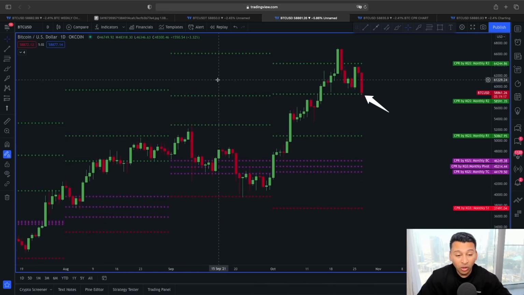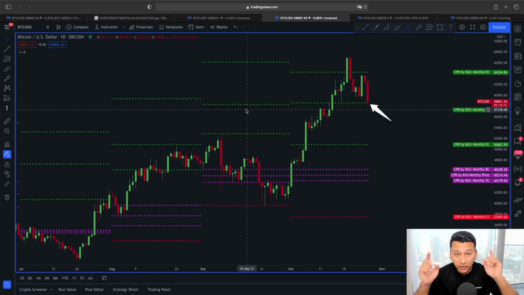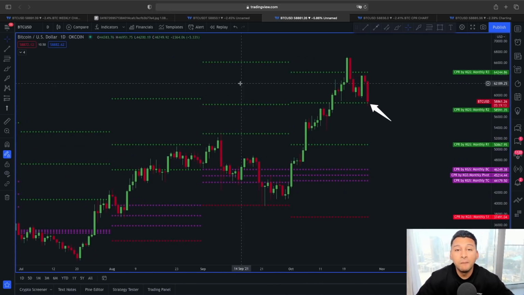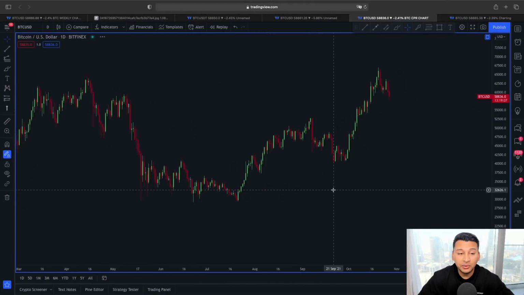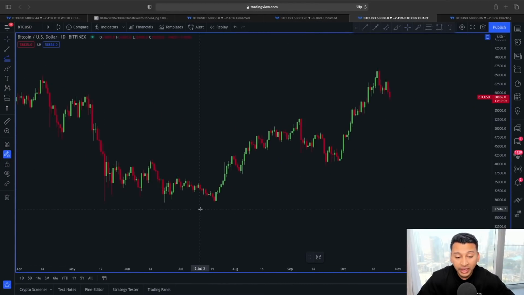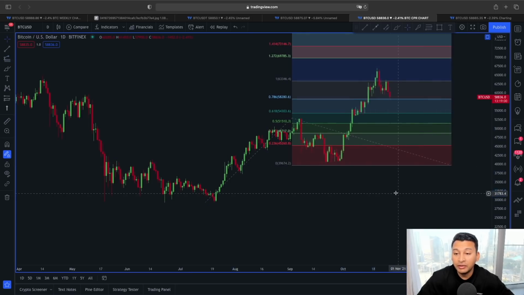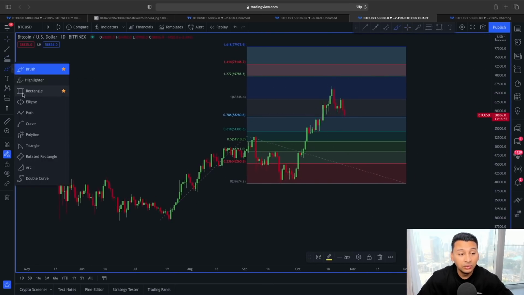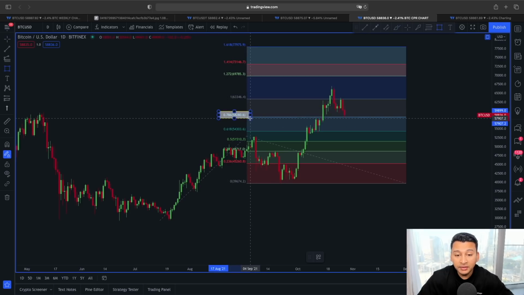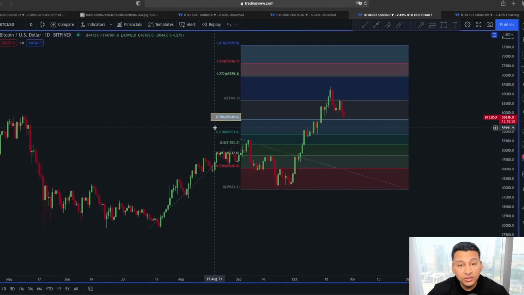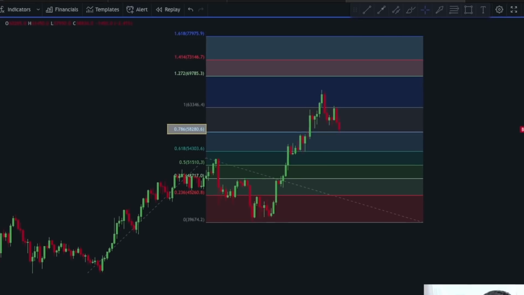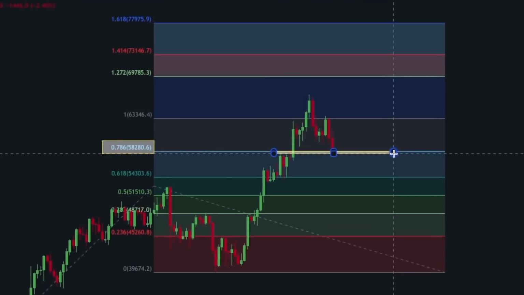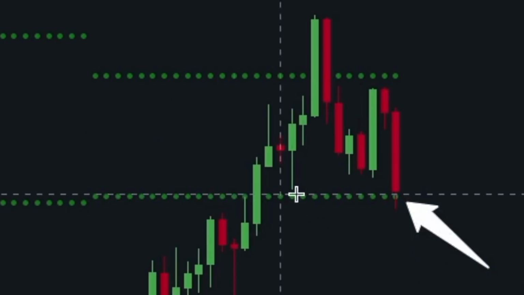And now guys, let me also show you a bit differently why for us today the 58,000 is a must hold. If you look at this price action again in a daily time frame, we can simply add this Fibonacci extension line from this swing low till this swing high area, because according to this Fibonacci extension line right now, you can see the 0.786 around 58,280 is going to be a strong line of support for Bitcoin, along with this monthly R2 line, which is also lying around 58,000.